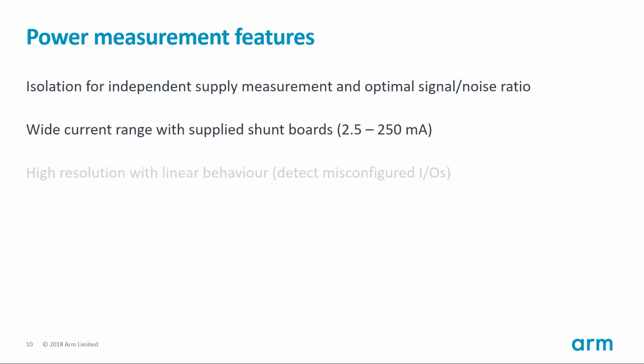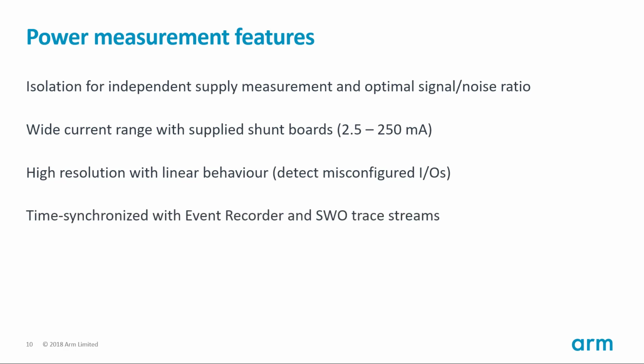And the high resolution and linear behavior allow you to identify even misconfigured I/O pull-up resistors. The power measurement is time synchronized with program events and interrupts, and you can therefore identify the parts of the application that change the power profile. The configurable filter parameters optimize the visualization depending on your needs.